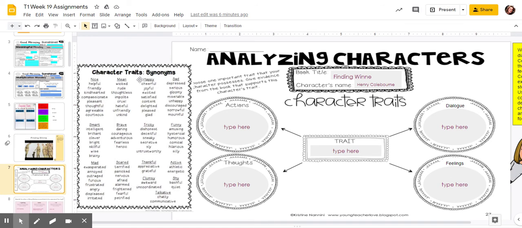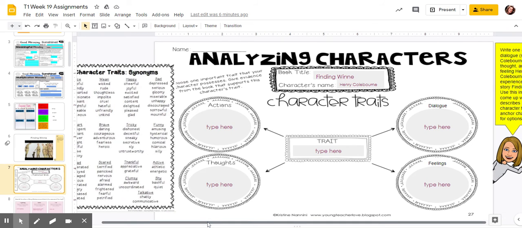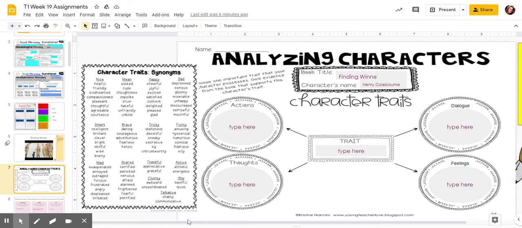Do not use the underlined word. Use a synonym underneath it, because you're in 3rd grade now, and I don't want to hear that you think somebody is nice. No 4-letter words in 3rd grade. Helpful, friendly, kind-hearted, compassionate, those are words that we need to be working on. So make sure when you pick a word, you are not picking the underlined primary word.